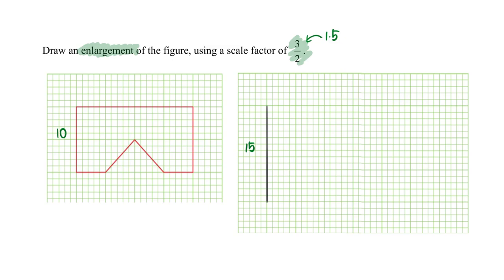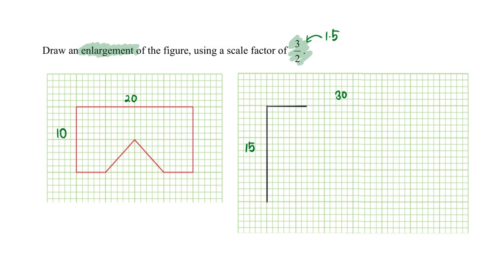When I count, there are 20 small squares here. 20 times 1.5, so I would have 30 small squares above. So that is what we are going to do by adjusting my ruler. We are going to count and draw 30 squares, alright?